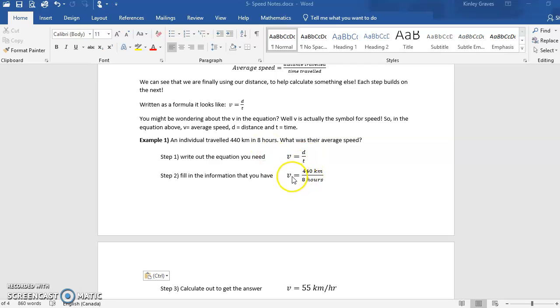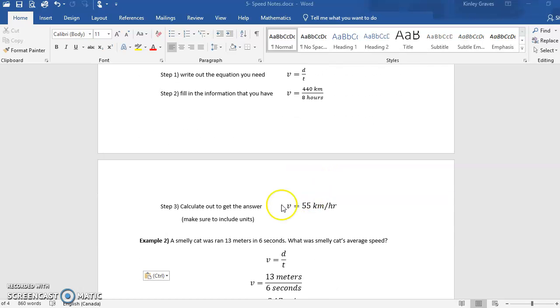So we have V is equal to 440 kilometers divided by 8 hours. Step 3 is to calculate out to get the answer, and make sure you include units. If you do 440 kilometers divided by 8 hours, you get 55 kilometers per hour. So we know our speed is equal to 55 kilometers per hour.